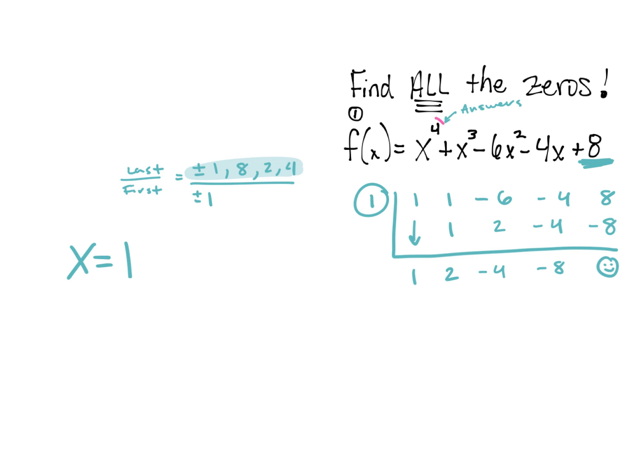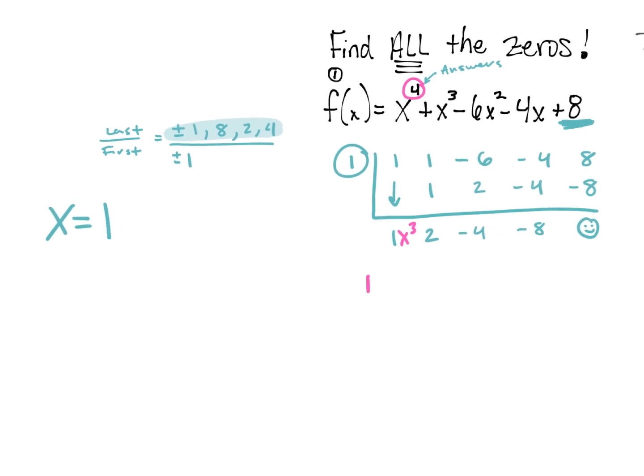All right, so this started with x to the 4th power. What's our answer going to start with here? X to the 3rd. Can we factor it from here? No, we want to factor it once we get to x to the 2nd power. You can, but grouping's not going to work all the time when you get here. So we're going to practice doing it again. So now these numbers are going to go inside the box.